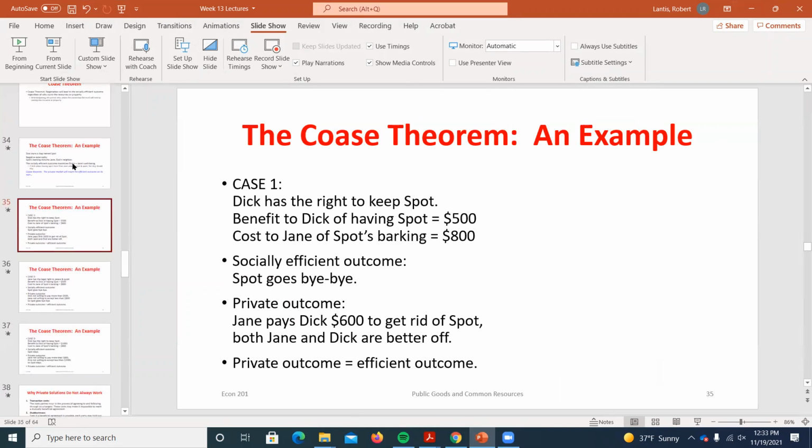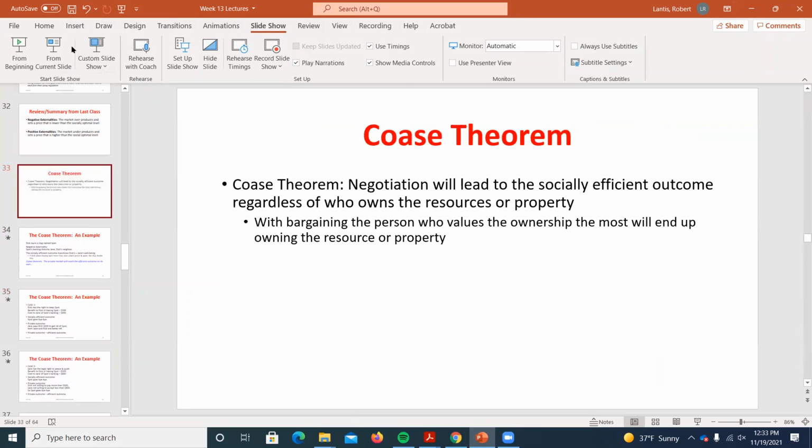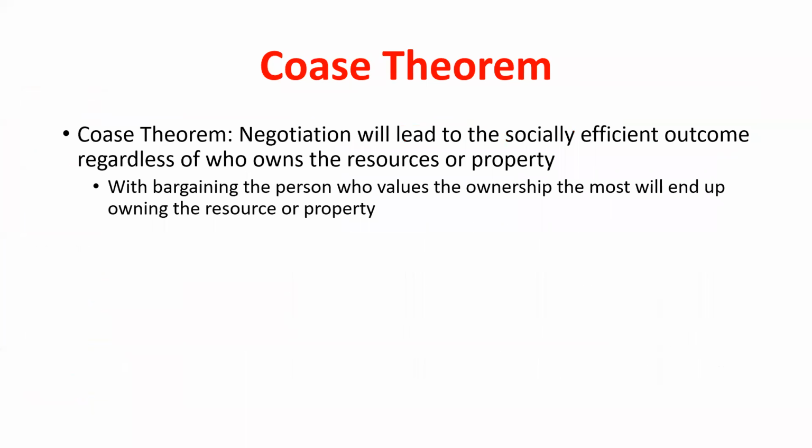We skipped this Coase theorem, so I think I'll go through this. So going back, I skipped over this, I think it was either Monday or Wednesday. But there's this interesting theorem, and it kind of relates to going back a little bit towards externalities, which is called the Coase theorem. Right?